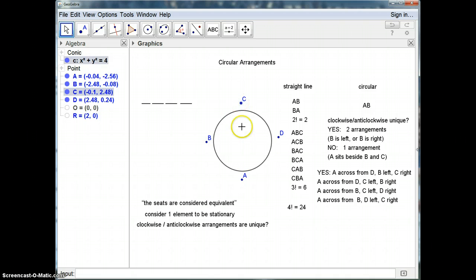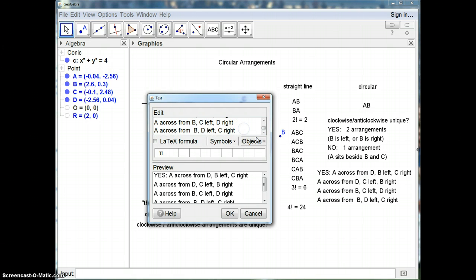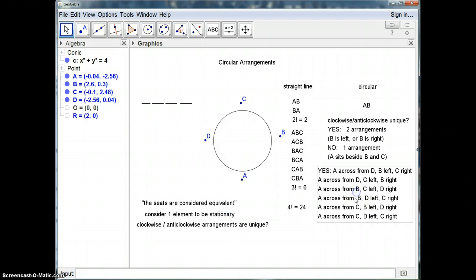And you can see with C across the table, once again, there's only 2 different ways this can go: B left, D right, or we switch D over and bring B back, and now we have D left and B right. So let's add those ones as well. So A across from C, B left, D right, or A across from C, D left, B right. Those would be all 6 possibilities.